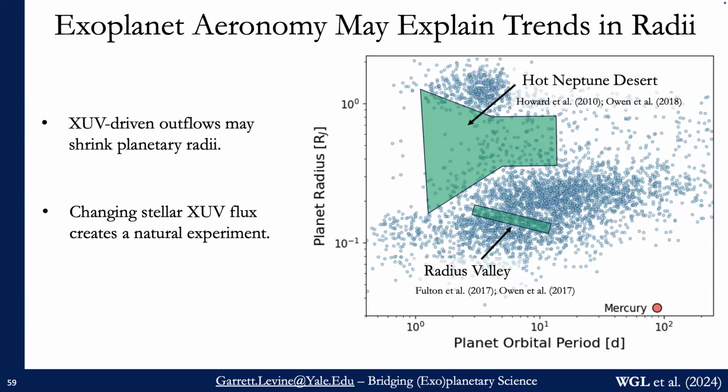Then we can watch how that changes the exoplanet mass loss rate, and use that to constrain models of hydrodynamic escape for exoplanets as well. This approach borrows from solar system studies to understand a physical process that happens in our solar system and in exoplanets.